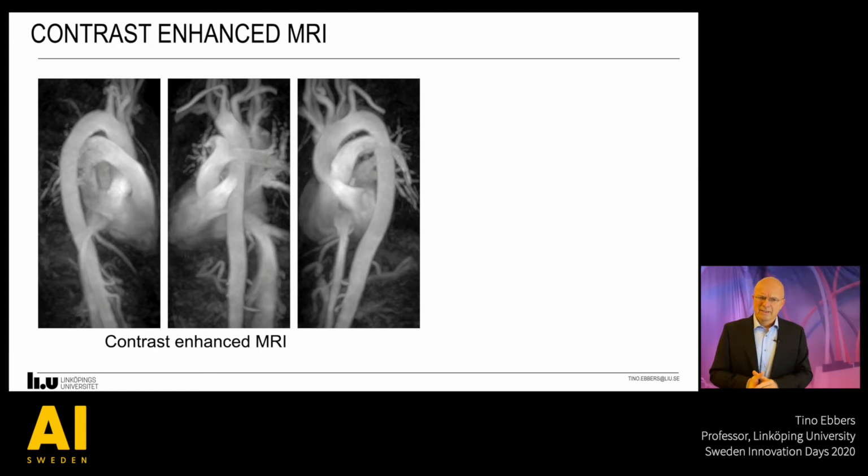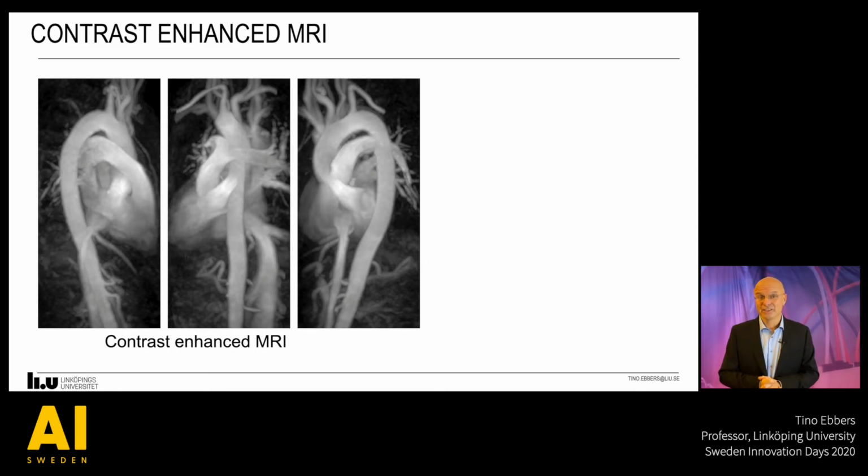What we did in this case is we used a contrast-enhanced MRI, so a separate acquisition to do the segmentation on. In this case, what you do is you inject a contrast agent, and then when this bolus passes the heart, you do a really fast acquisition to get really nice images with a lot of contrast, so you really see the blood pool. The disadvantage is you cannot see the beating heart in these images.